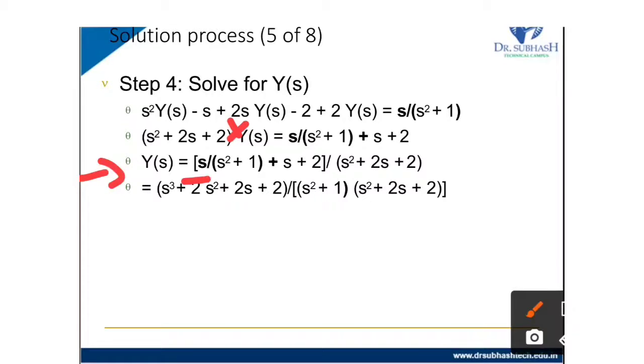So it is s upon s square plus 1 plus s plus 2, divided by s square plus 2s plus 2. So when we open this bracket, we will get Y(s) equal to s cube plus 2s square plus 2s plus 2, divided by (s square plus 1) multiplied with (s square plus 2s plus 2).